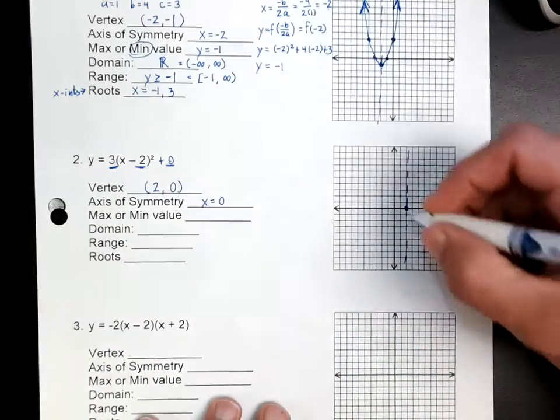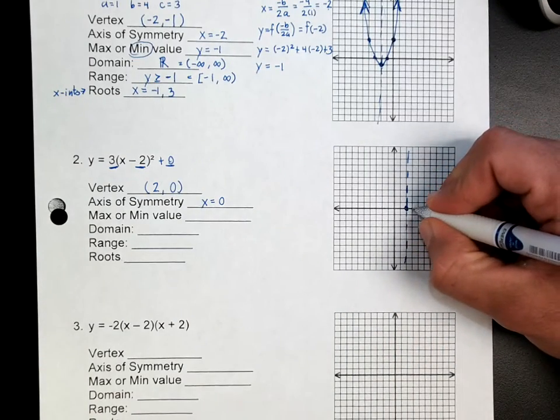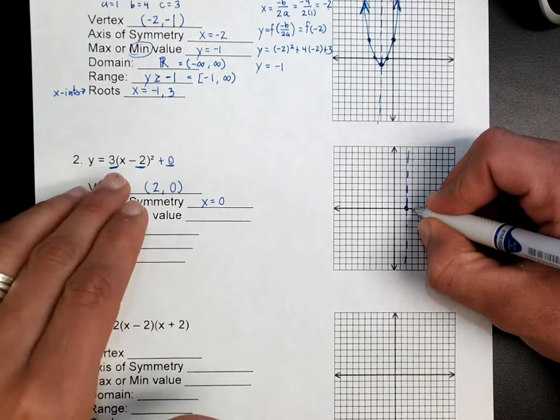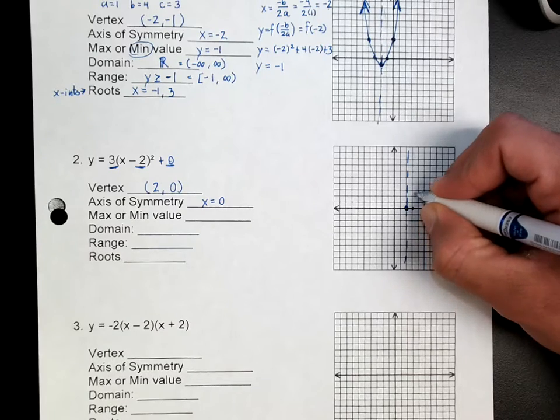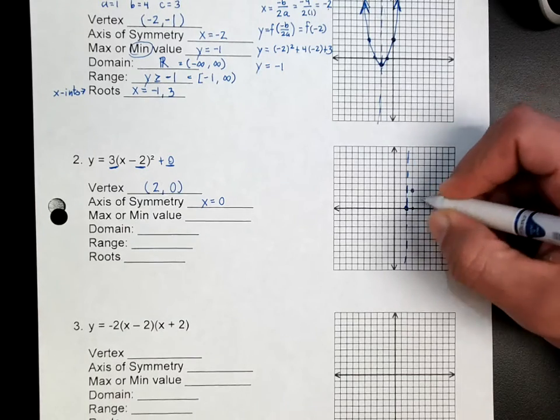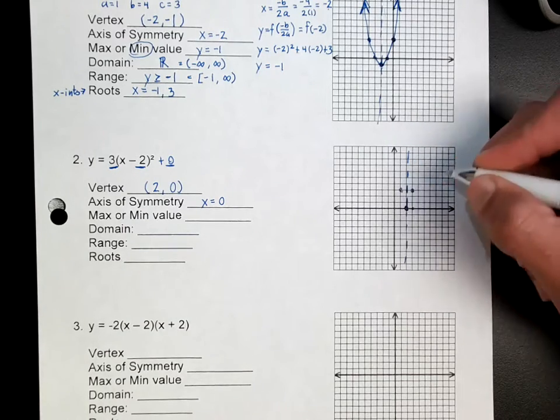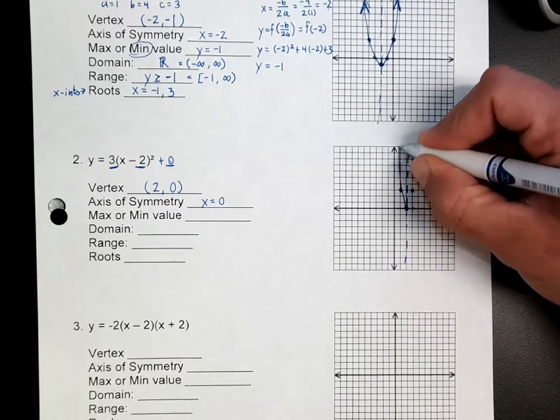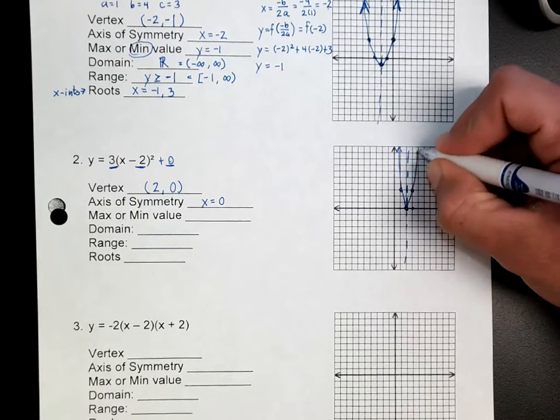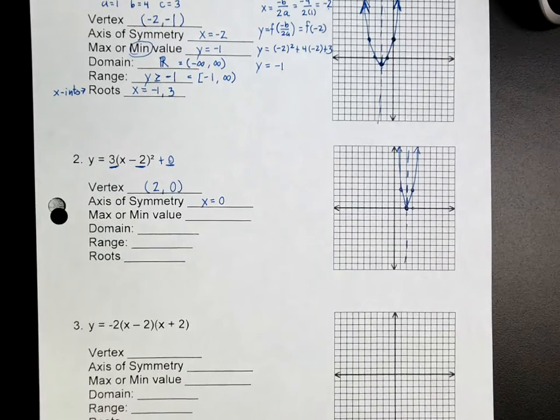So what that means is that my first point is going to be to the right one. Remember, the x's don't change in the problems that we're doing. But what we're going to do here is that this 3 is going to stretch this by a factor of 3. So that's going to be that point right there and that point right there. Now, we could probably plot more points, but we're just going to leave it like that because that's all we really need.